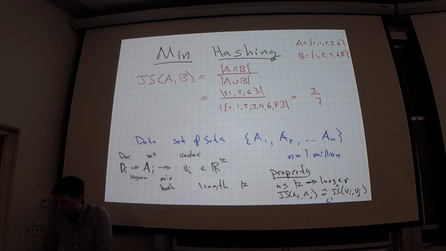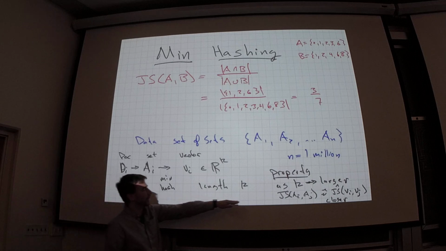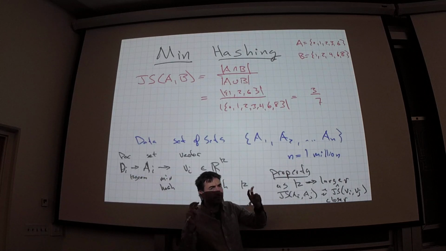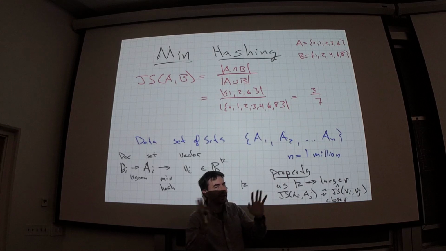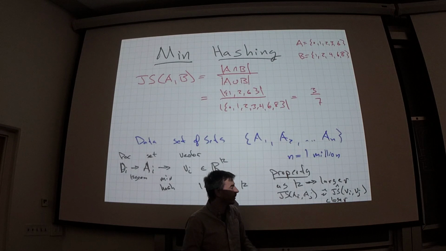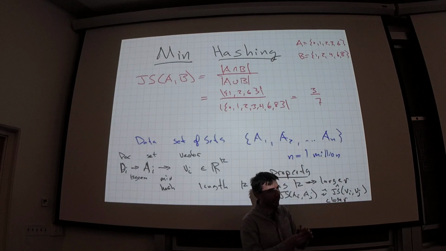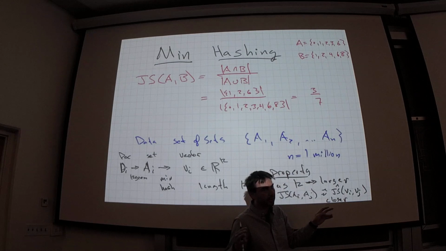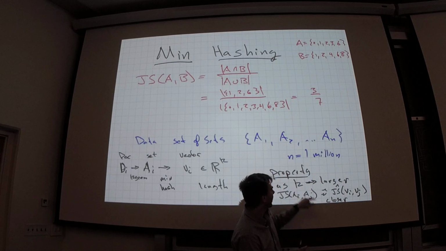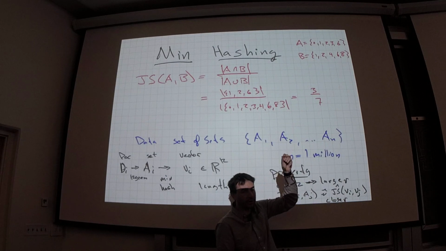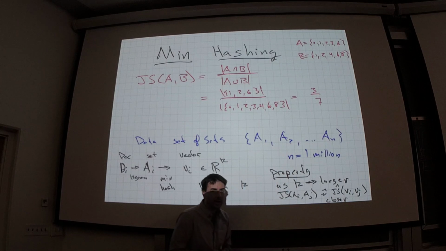This is going to get closer. So I'm going to get a better approximation. It will be exact on the sets, but the sets had some modeling error in them anyway, and I'm going to get close to that on the vectors. It's not going to be exactly the same, but as we'll see, we can get arbitrarily close. As we make k larger, the vector larger, we're going to get closer and closer.